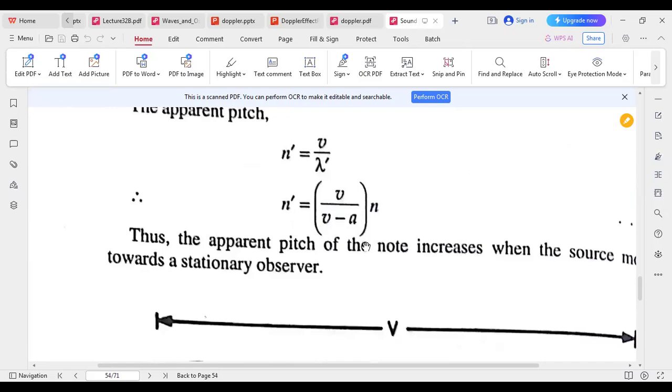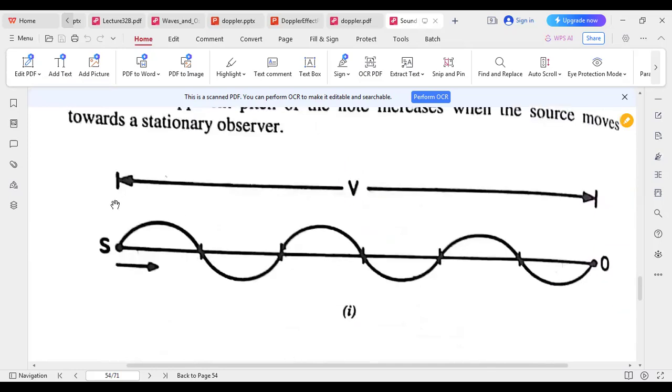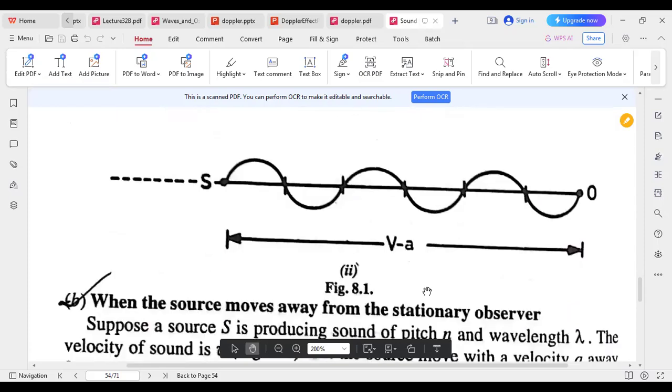Thus the apparent pitch of the note increases when the source moves towards the stationary observer. This is the example: this is the velocity, this is the source, and this is the observer. When the source moves towards the observer, the distance becomes b minus a in 1 second.